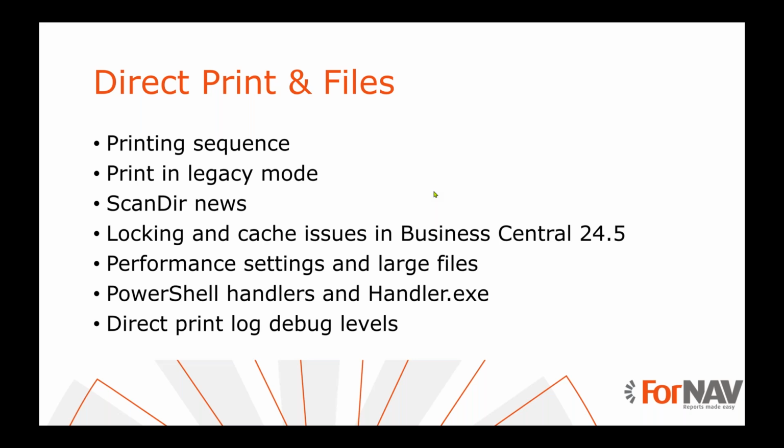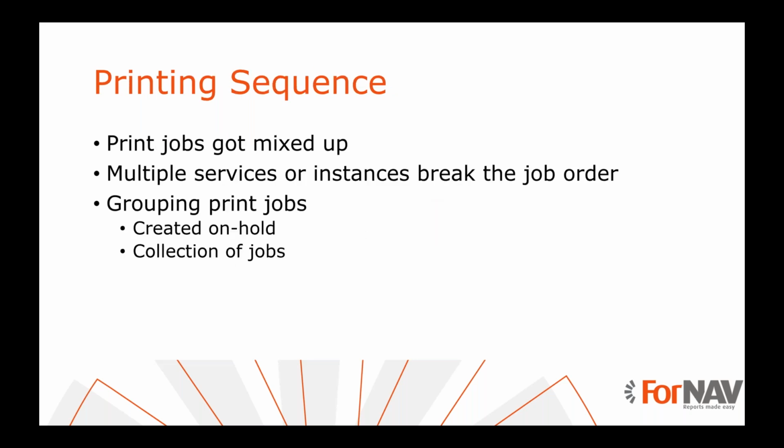And you can also see that if you are printing just one user but creating some big jobs and some small jobs, that they can come out in a different sequence than you print them in. So we've tried to create a solution to handle this, and let me just give you a quick run through of that.